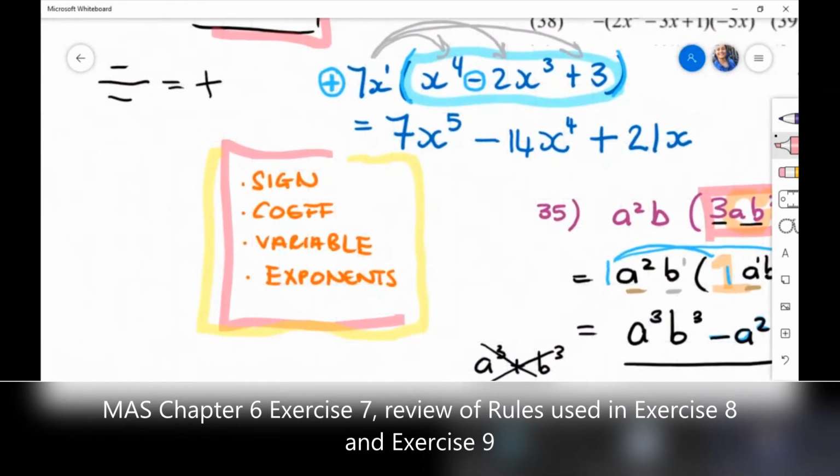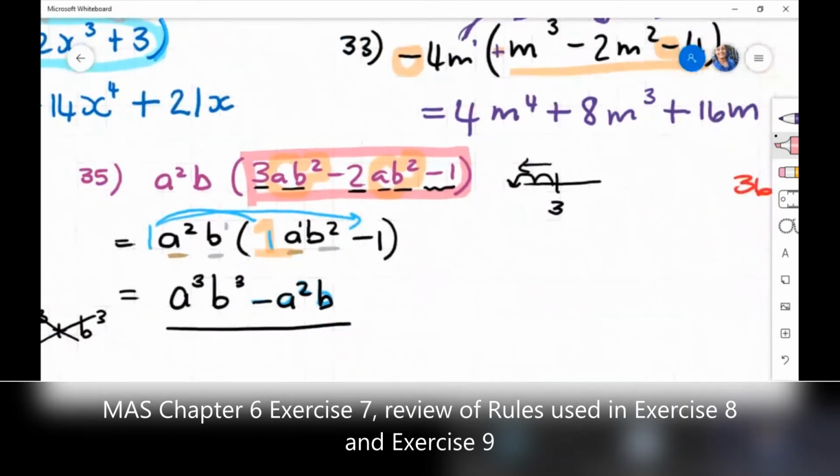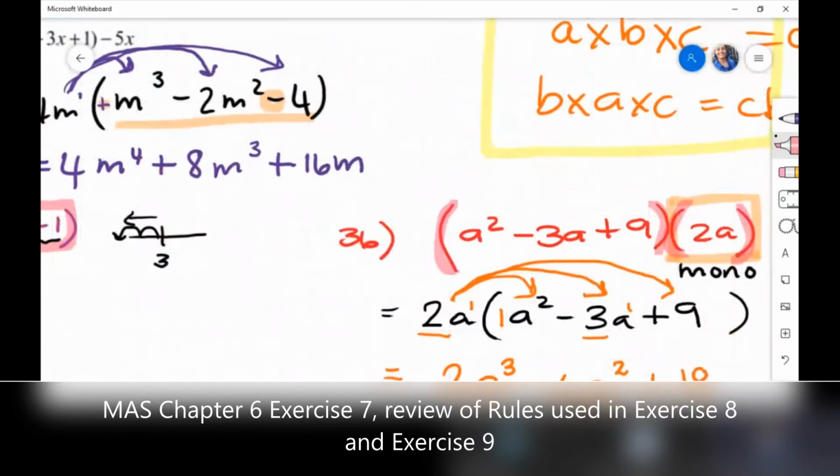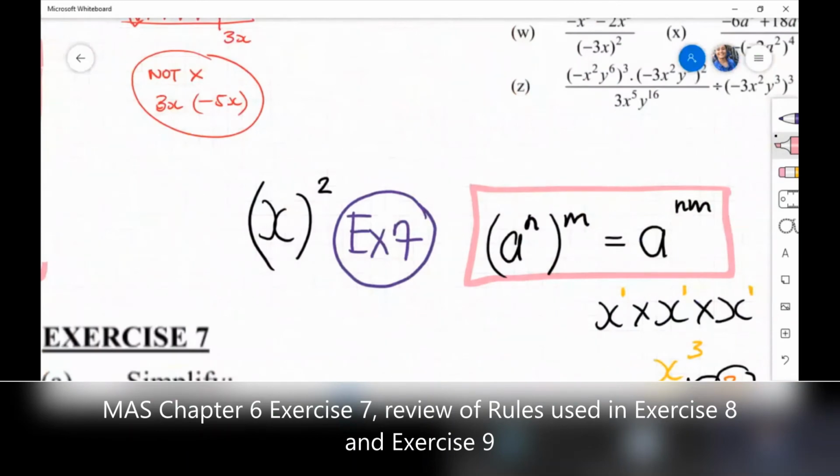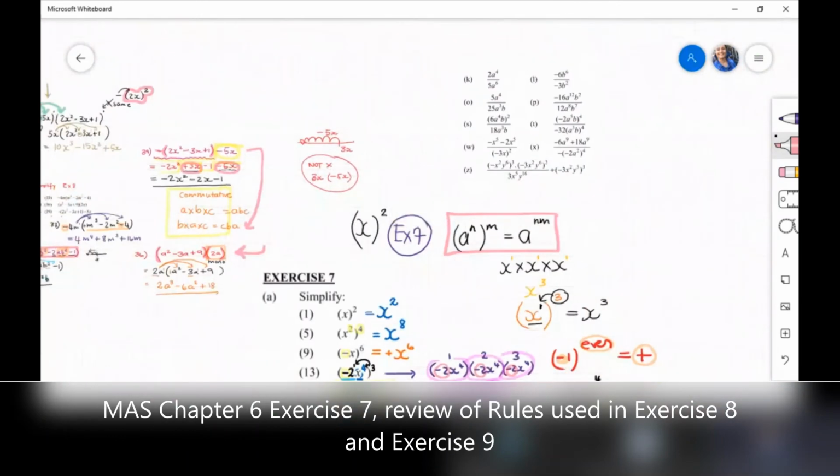To be aware of our sign, our coefficient, our variable, and exponent. So what I'm going to do is cut and paste this little summary and put it right here where our new work is, because this is something that you will use for the rest of your algebraic life, which means till the end of matric.